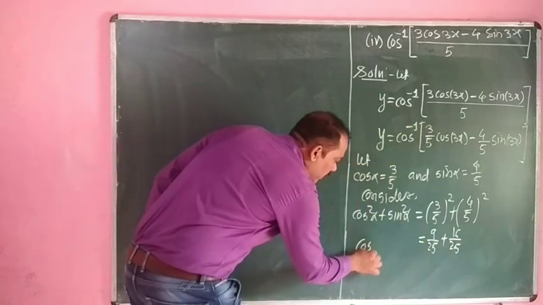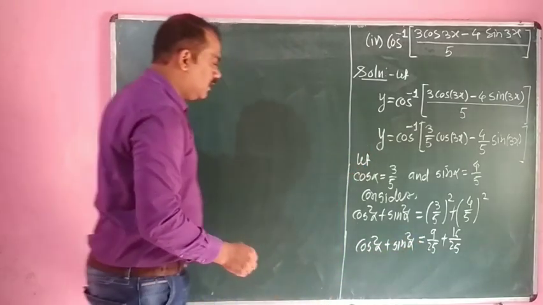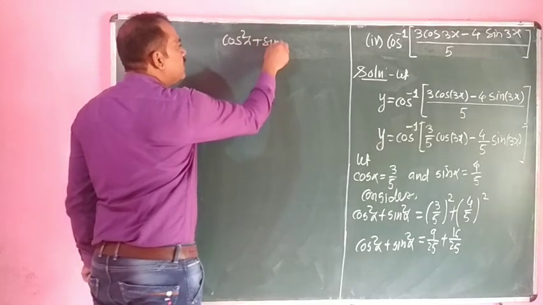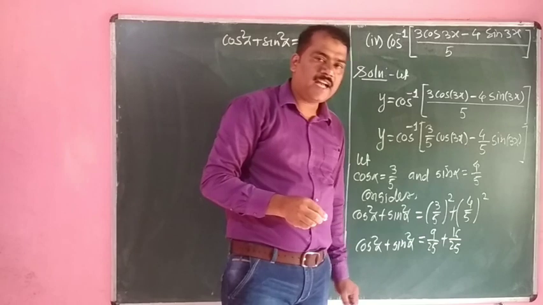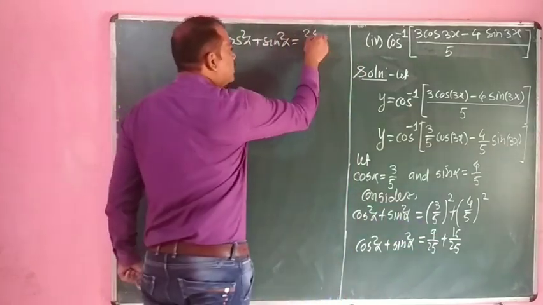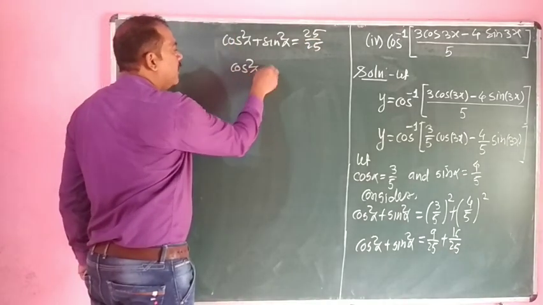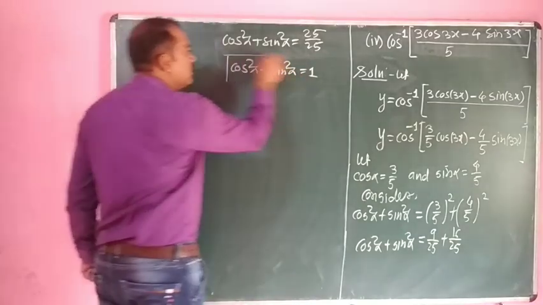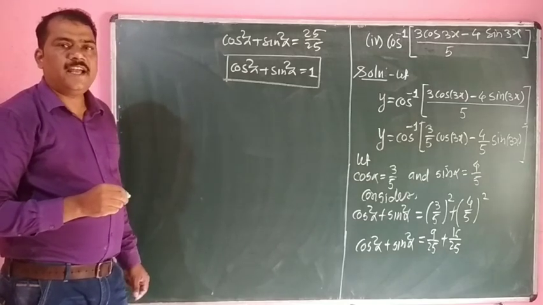That is cos square alpha plus sin square alpha. The denominator is the same, so we add the numerators, 9 plus 16 is 25, that is 25 divided by 25. So cos square alpha plus sin square alpha is equal to 1, which verifies the standard identity.